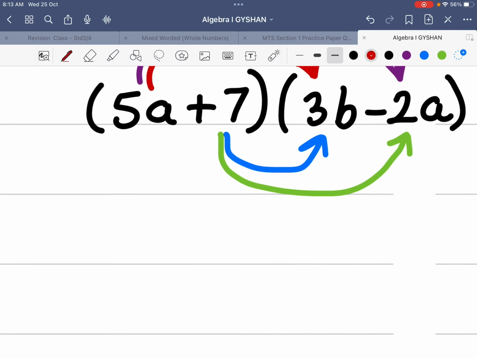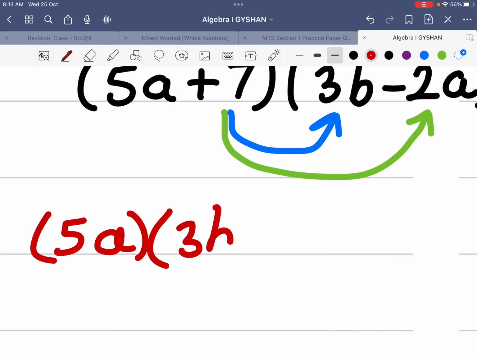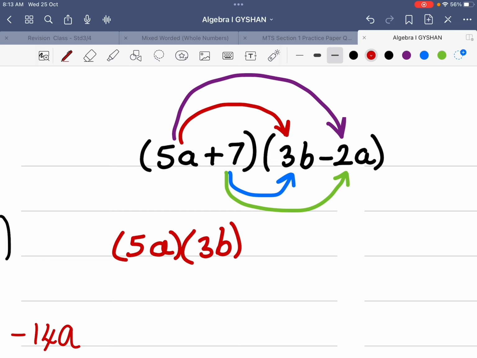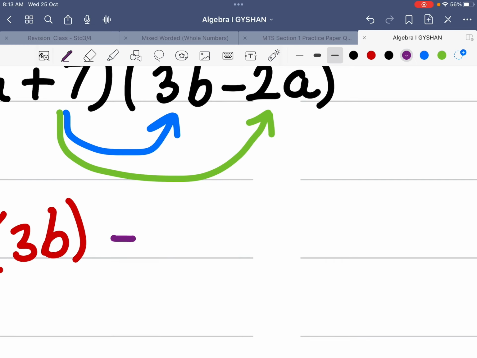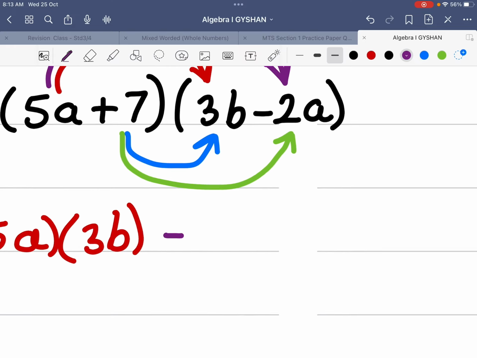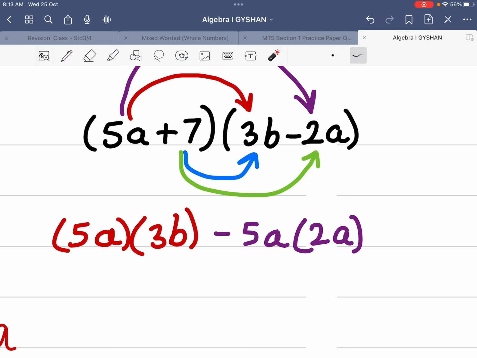5A times 3B. Followed by 5A by minus 2A. So what I did for this one is I multiplied positive by negative to give you a negative, and then I multiplied the numbers.